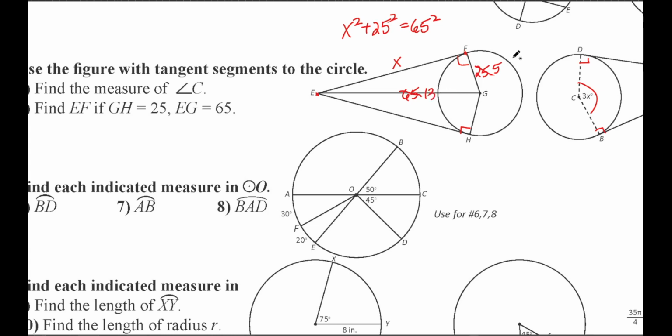So you could have said, right, 5, 12, 13. But it's not 12. It's 12 times 5, which is 60. That would be even easier, wouldn't it? Knowing your Pythagorean triples. I automatically went right to Pythagorean theorem, but then I noticed that 5 goes into both of those. So yeah, that works out nice.